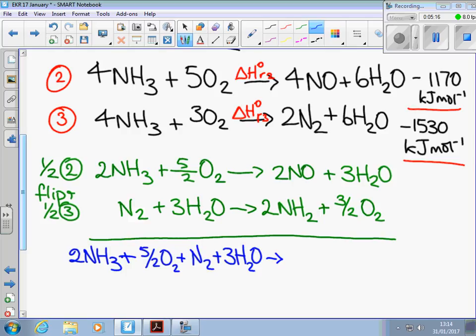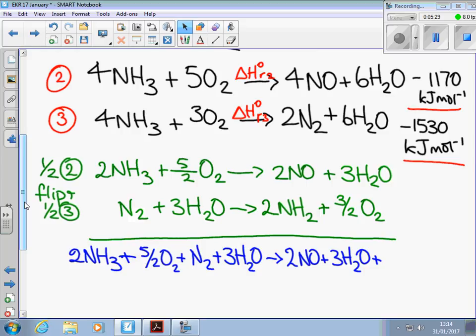On the other side, we've got 2 nitrogen monoxides, we've got 3 waters, we've got something I've put up wrong, haven't I? That should be NH3. All right, so 2 NH3s and an oxygen. Right, how are we doing? No, we haven't got an oxygen, have we?